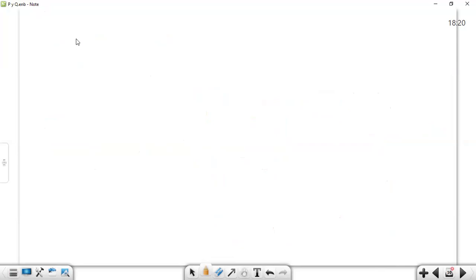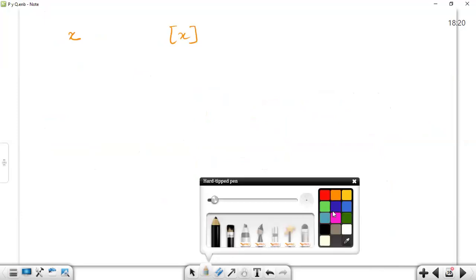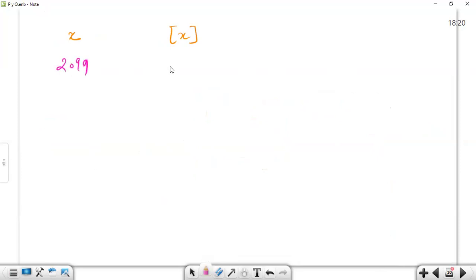Let's practice. I'll write x here and the output of that function will be told by you. I won't speak, I'm just going to write numbers here. So 2.99. Come on, everyone, unmute yourself and speak. What will be the greatest integer function of 2.99? 2.